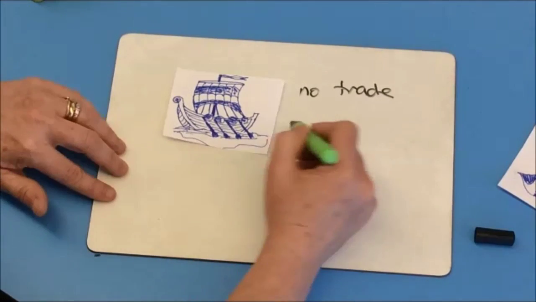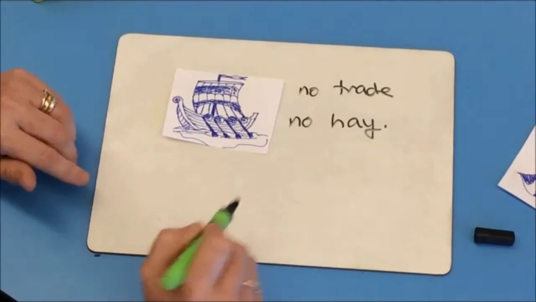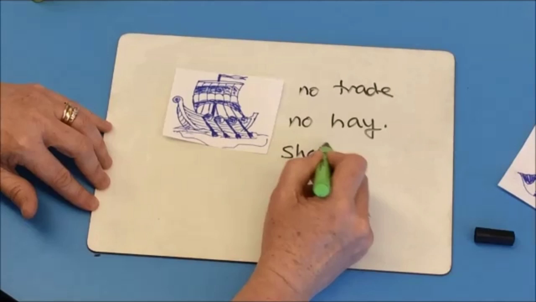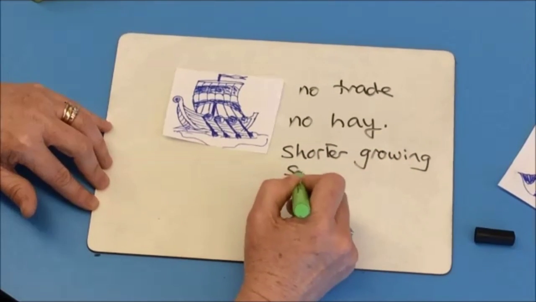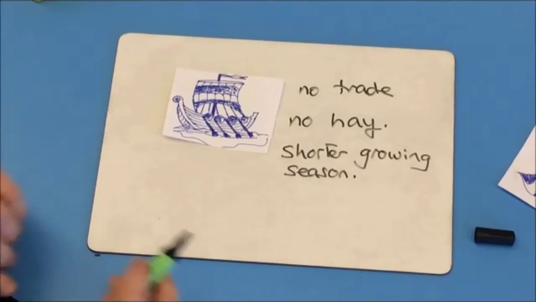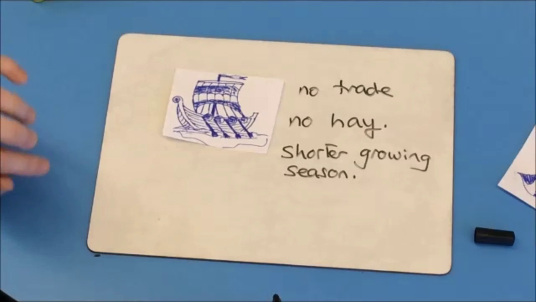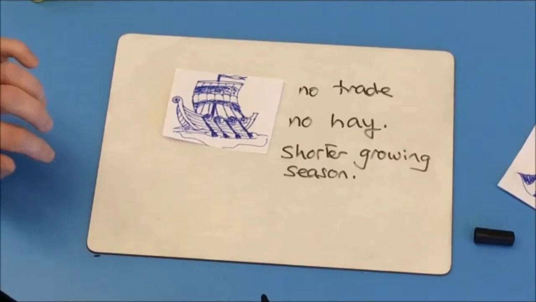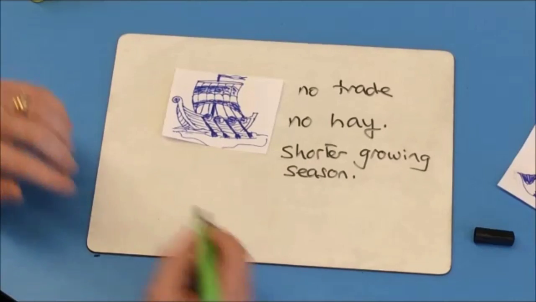They couldn't grow enough hay in the summer to get the animals through the winter, so they died, and they couldn't do this because there was a shorter growing season and lower temperatures.